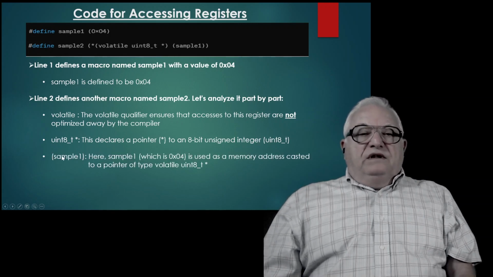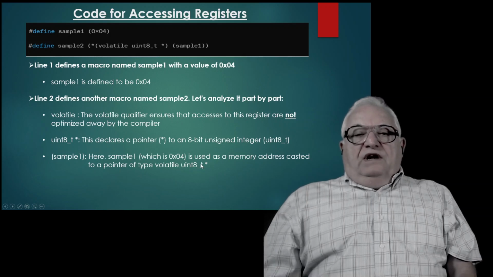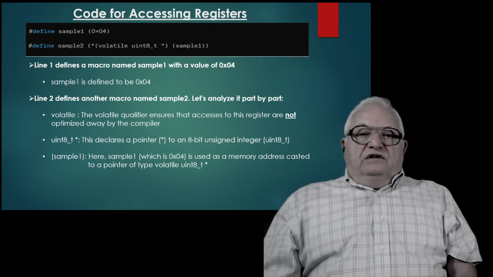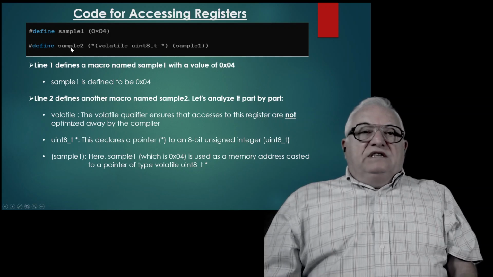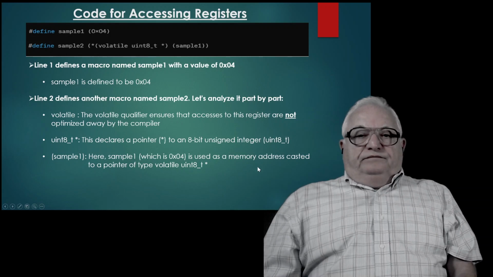Now sample 1, which is 04, is used as a memory address and it's cast as a pointer of type volatile unsigned integer. So what we're doing here is converting sample 1 into a pointer to a memory location, which is 04.